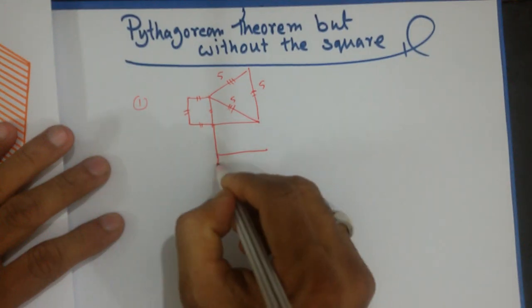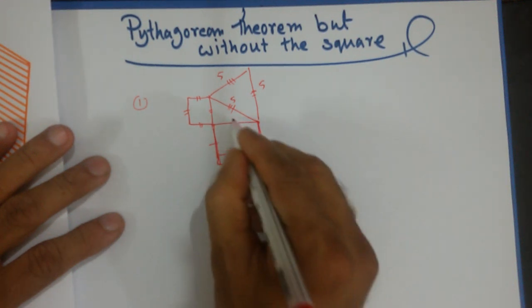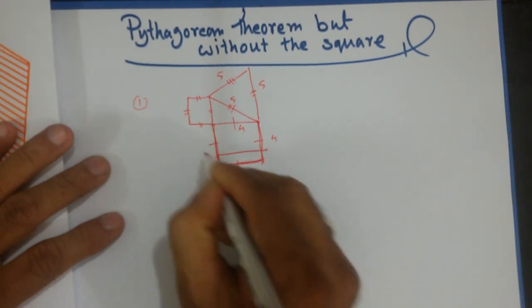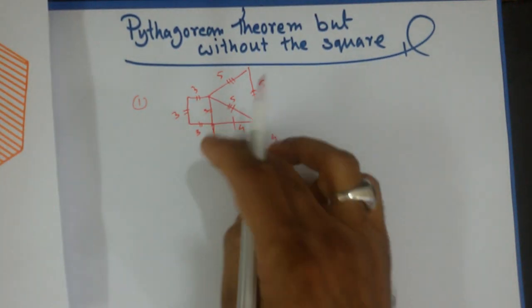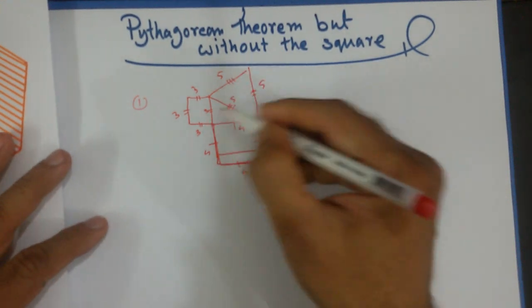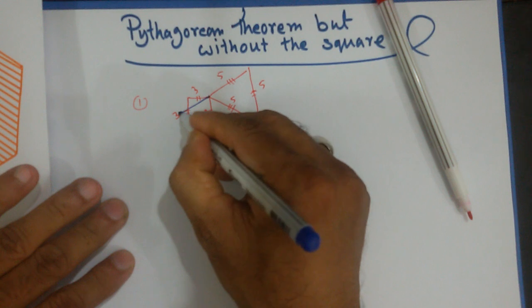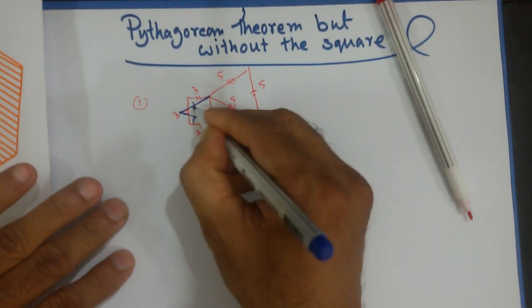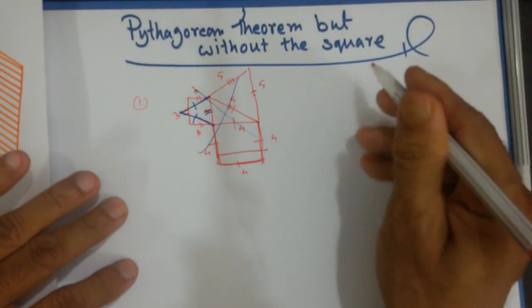Make this one 4 centimeters. This is 4, 4, 4, and this is 3, 3, 3. Oh sorry, I meant to draw an equilateral triangle. Let me redraw that. I'm extremely sorry about that.